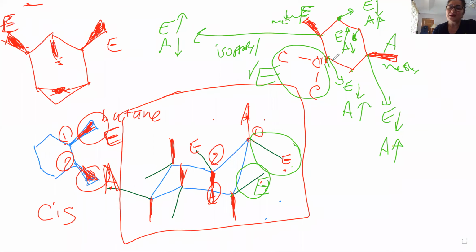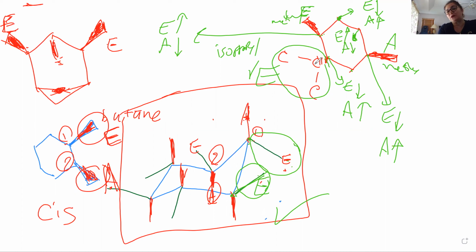So you would say, okay, the bulkiest group has to be equatorial. We already know this is equatorial down. And from the structure in the box here, we know if equatorial on one carbon is down, on the adjacent carbon equatorial is going to be up.